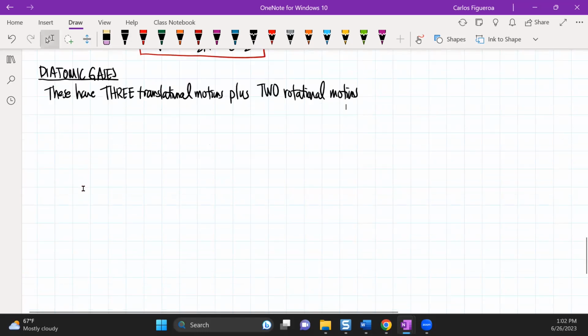So if I'm looking at diatomic molecules, here's my diatomic molecule. So that means here is that I have Vx, Vy, Vz, plus there's 2 other motions. So if I have a diatomic molecule like this, or like this, there are two axes that they can rotate about. They can rotate about this axis, and they can rotate about that axis.